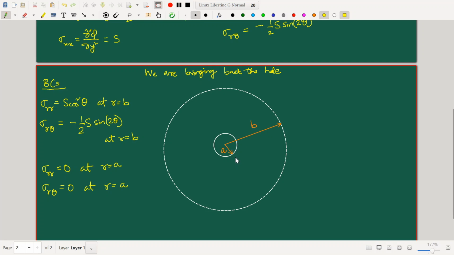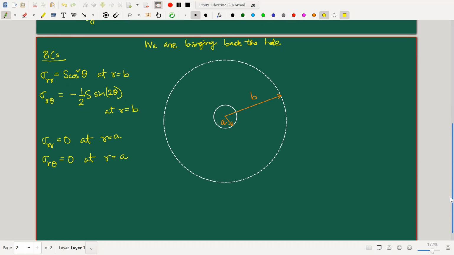Only then this strategy will work. And this problem will be said to have been solved only when the elasticity problem with these boundary conditions is solved.